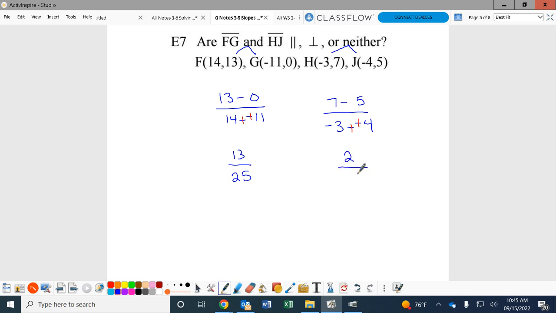What is -3 and +4? 1. But guys, 2 over 1 reduces down to what? 2. Okay, look at those two. Are they the same? Are they even close to being reciprocals? No. And they're not opposite of each other either. So what would the answer be? I love hearing how people say it. Neither, neither. I always don't answer that one so I can hear y'all say it.